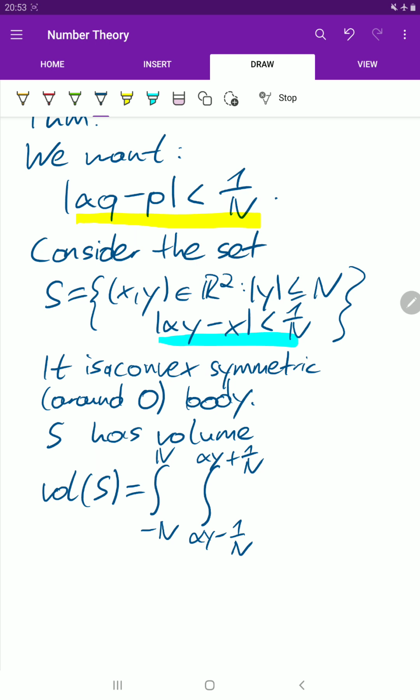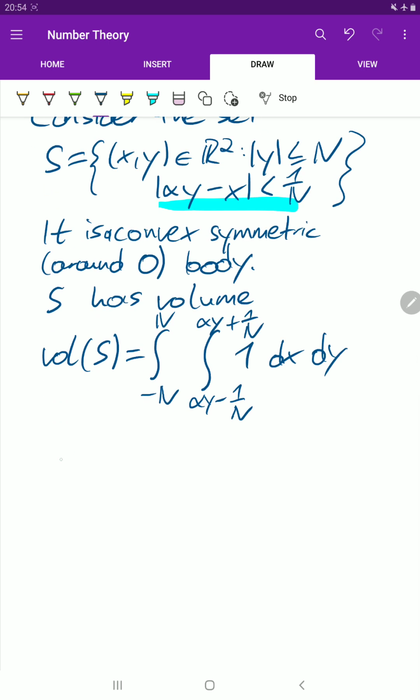That's where x ranges, and then we just have to integrate the constant 1 function dx dy, and both of these integrals are actually easy to evaluate.